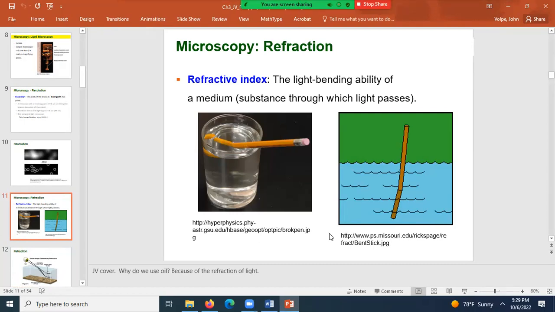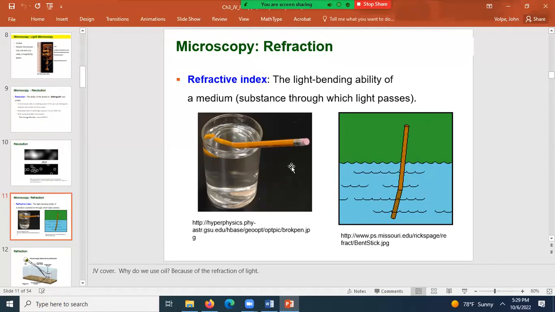Meaning when light goes through a media and then switches to another media, meaning water switching to air, it causes light to refract or bend. And you can see that by looking at this pencil here, where it looks like the pencil is bending at the surface of the water. So this would be the artist's rendition, the pencil bending, and that would be the surface of the water.